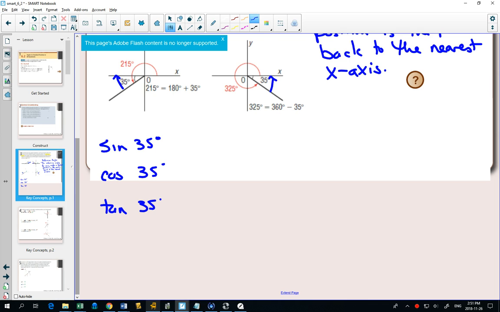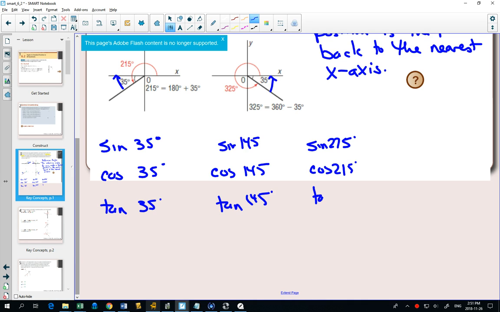Row 3, you're in charge of sine of 145, cos of 145, and tan of 145. Row 4, you're in charge of sine of 215, cos of 215 degrees, and tan of 215 degrees. And finally, rows 5 and 6, you're in charge of sine of 325 degrees, cos of 325 degrees, and tan of 325 degrees.